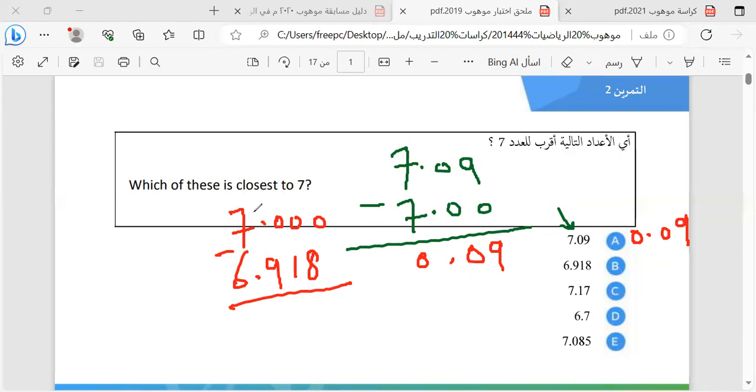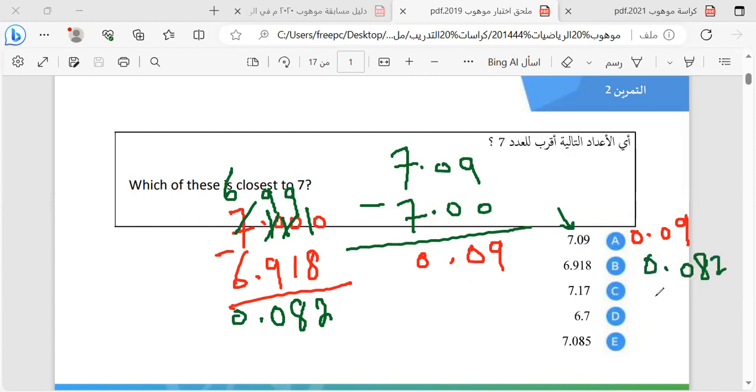We borrow from what? 7 will be 6, 10, 9, 10, 9, 10. 10 minus 8 is what, Maria? 2. 9 minus 1 is 8. 9 minus 9 is 0. And here will be 0. The difference here is 0.082.